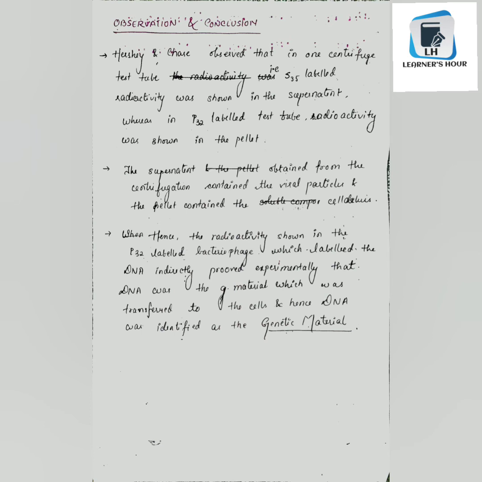So all these points indicate that the DNA was the genetic material which entered the bacterial cell, rather than the protein, which did not enter the cell debris and remained in the supernatant only. Hence, with this experiment, it was proved experimentally that DNA is the genetic material.